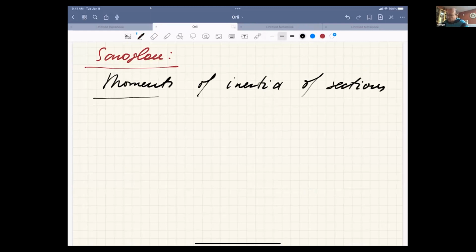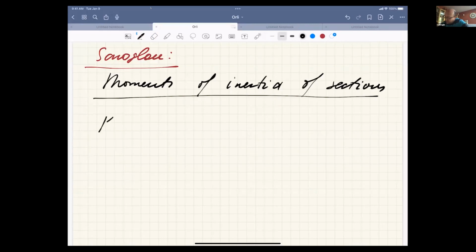Let me recall what the moments of inertia are. I have only 2 minutes, so I will just wave my hands. Everyone is familiar with moments of inertia, but the point is the following.